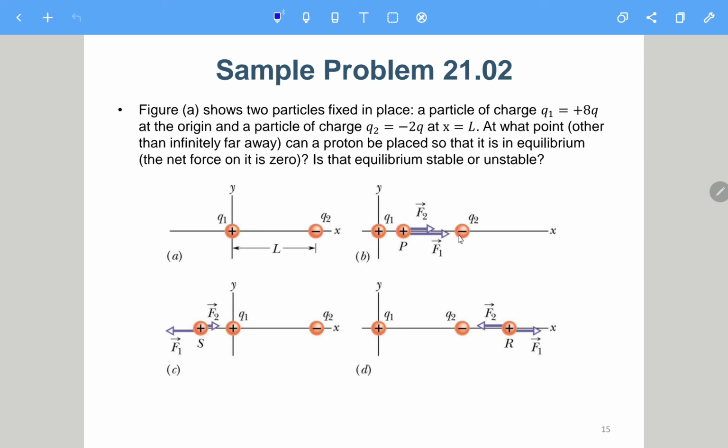The proton and this negative charge have opposite charges, so they will attract each other, which means that F2 also points to the right side. So both forces point to the right, so they can never cancel each other. This case is not possible. You can never place a proton in between so that the net force is zero.